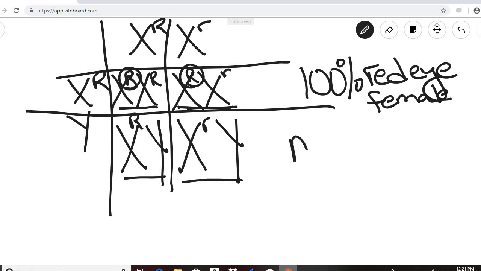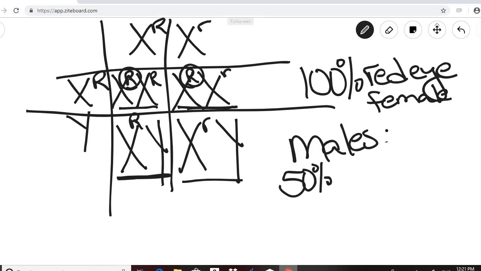If we look at the males, as long as you have one of the dominant alleles, you would have red eyes. So 1 out of the 2, or 50% of the males, would be red-eyed. And the other 50%, since they just had a recessive allele, would not have red eyes.